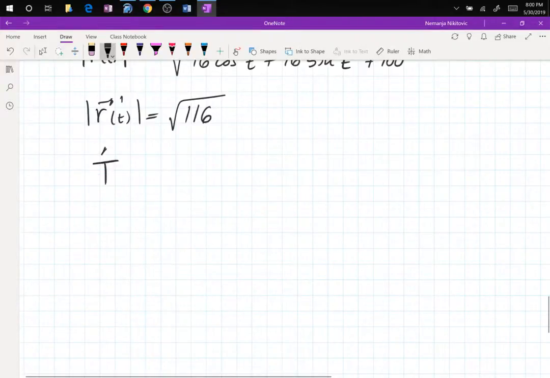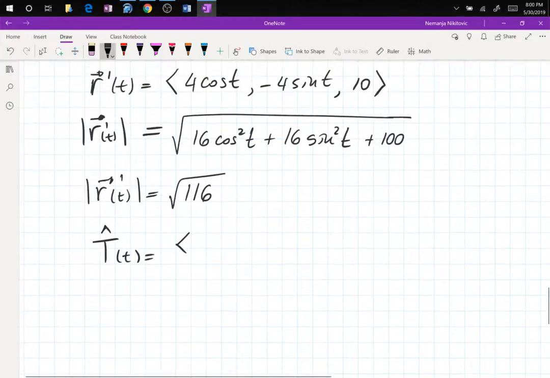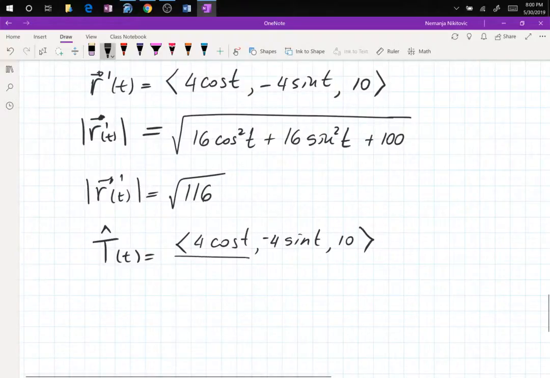Our unit vector T is going to be the vector we had, 4 cosine t, negative 4 sine t, and 10, divided by square root of 116.